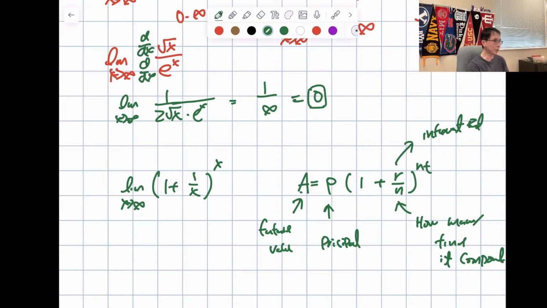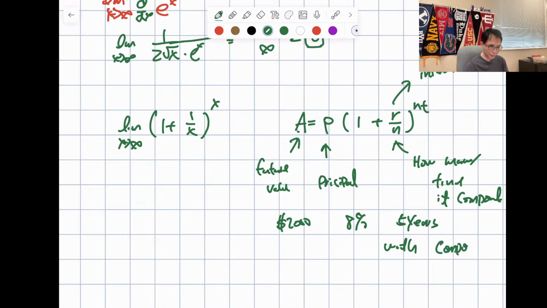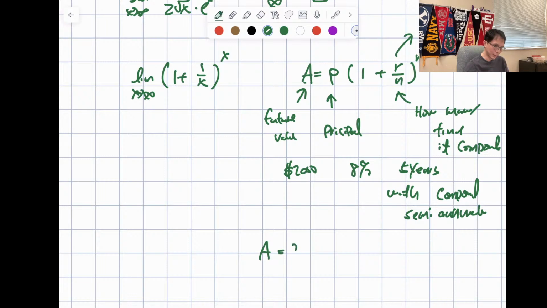So how do you do it? Imagine you have $2,000, the interest rate is 8%, and you deposit for 5 years, compounded semi-annually. You plug in 2,000 times 1 plus interest rate 0.08, because you cannot just type in 8 there, it has to be a percentage.